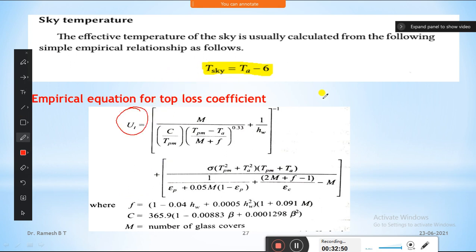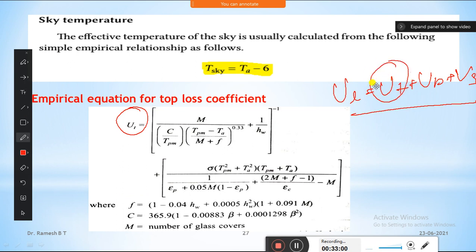Finally, what we want is UT, because UL is equal to UT plus UB plus US, that is the top, bottom, and side. For the top, we need all those components that we discussed so far. So finally, the empirical equation representation. You just remember this equation.